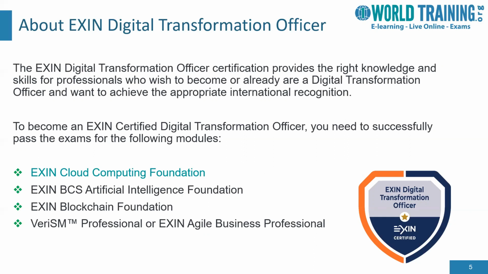So once you are done with this, you can think of embarking on your journey onto the artificial intelligence module, and then you can think of learning the blockchain foundation, and the process part is in the form of your Verizon professional certifications. So these are the four important modules which are required for you to clear if you want to be an EXIN certified digital transformation officer.